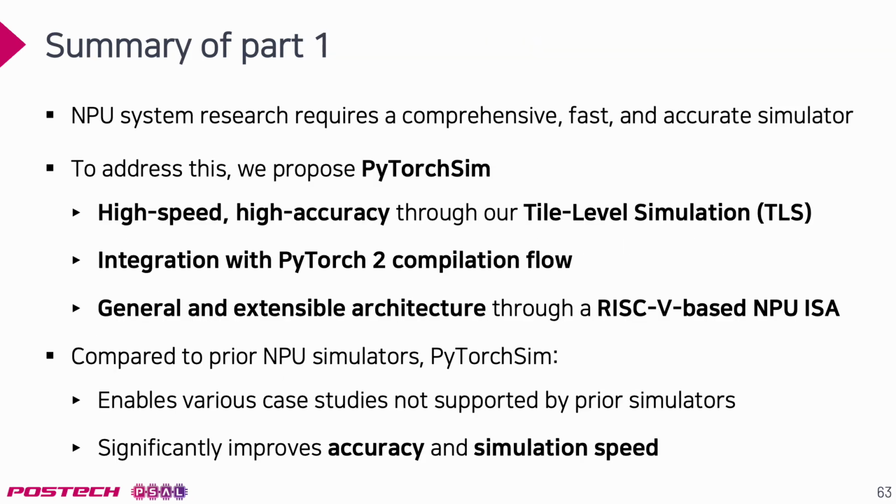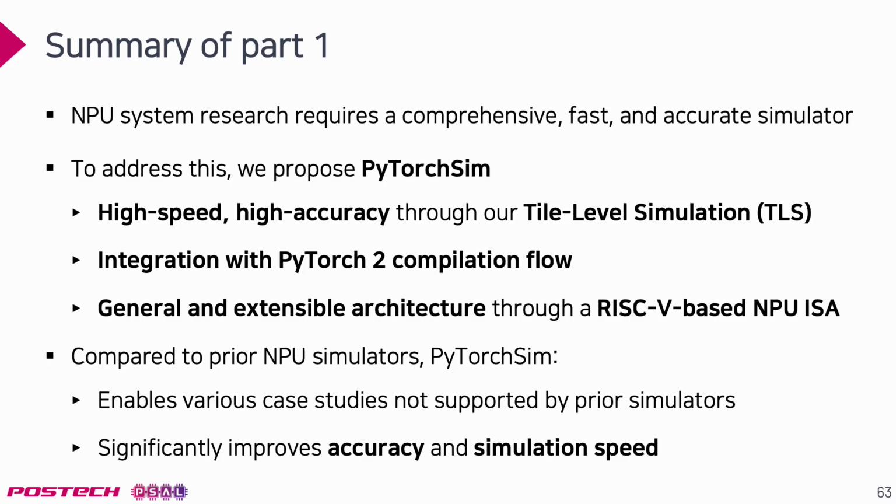So to summarize, NPU system research requires a comprehensive, fast, and accurate simulator. We propose PyTorchSim to enable high-speed, high-accuracy simulation through tile-level simulation. It is integrated with the PyTorch 2 compilation flow, and it has a generic and extensible architecture for RISC-V-based NPU models.